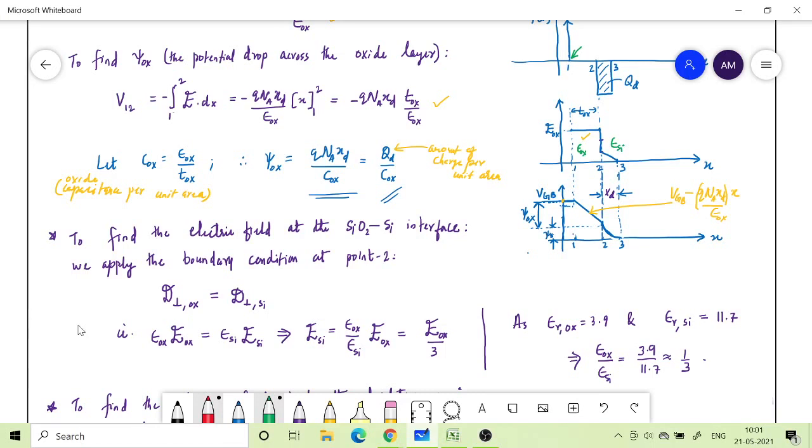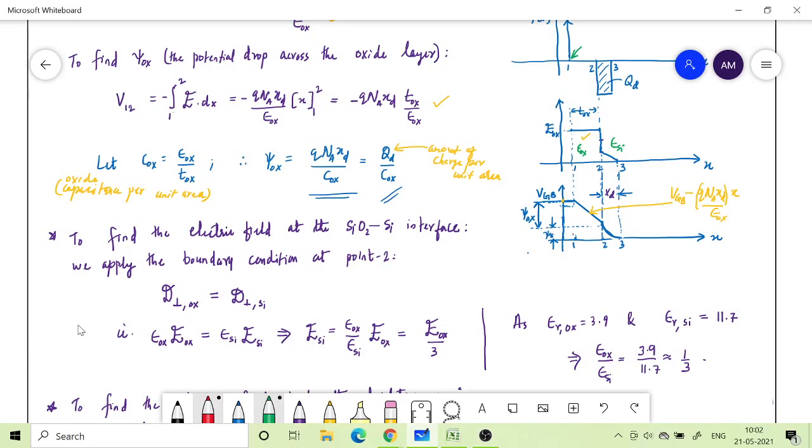See, for example, if I compare the relative permittivity of the oxide, it is 3.9. I think I mentioned this in the last class, but for silicon the relative permittivity is 11.7. If I take the ratio of oxide permittivity and silicon permittivity, the permittivity is basically the product of relative permittivity and permittivity of free space.